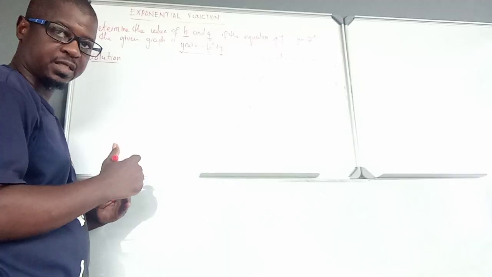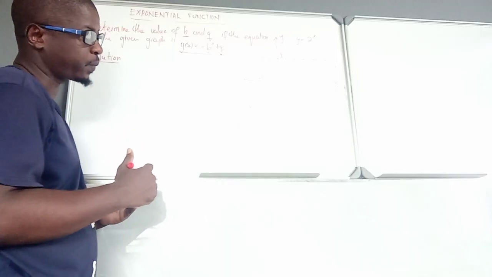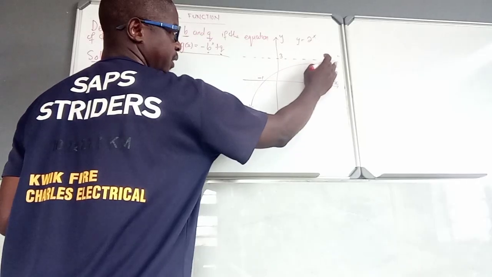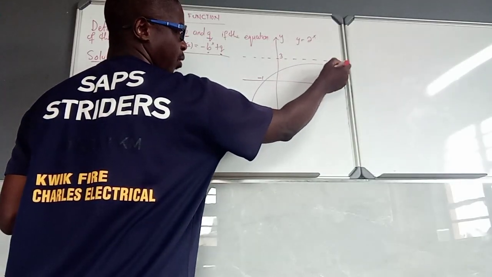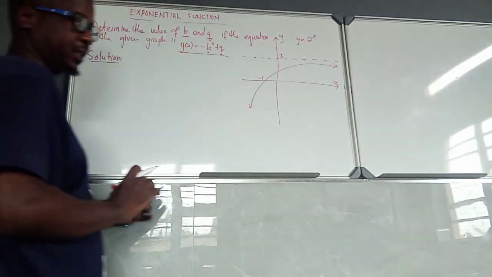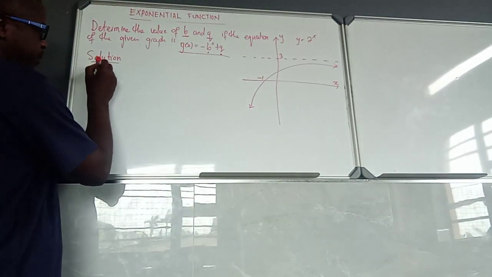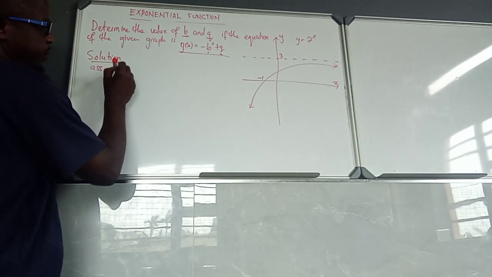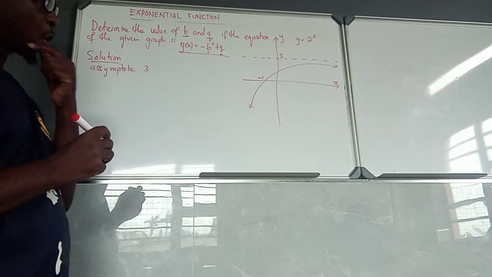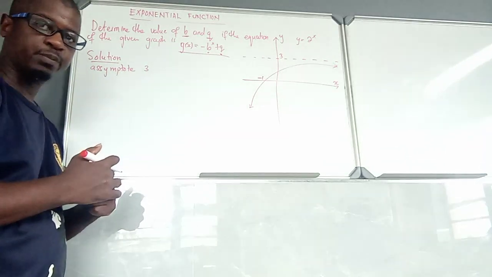First things first is our asymptote. What is our asymptote here? Our asymptote is 3. Y is equal to 3. It is this line here, what I always say, the line where this graph approaches but never touches. So our asymptote is 3. What do we do with the asymptote?